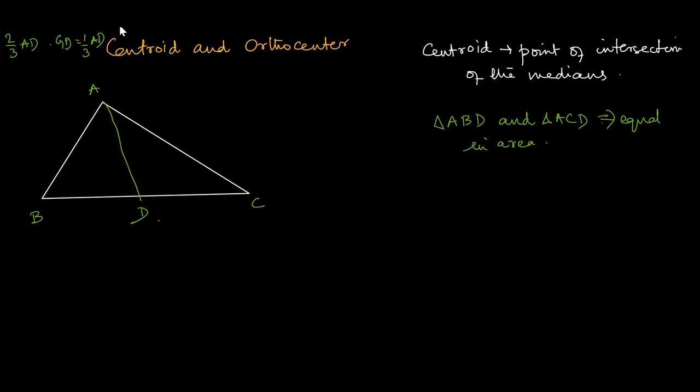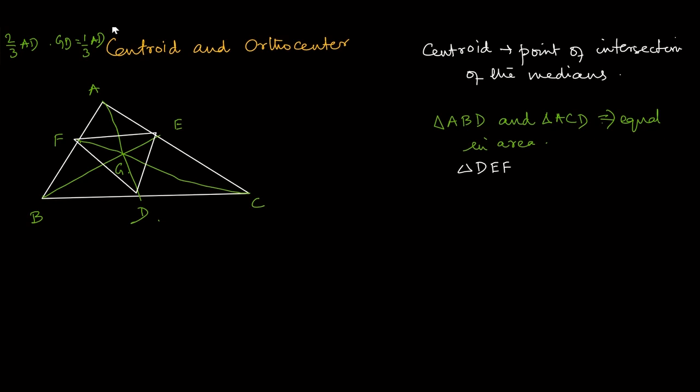Similarly, BE will also divide the triangle into two equal areas, and so will CF, right? Same logic, correct? Now, what can you tell about triangle DEF?